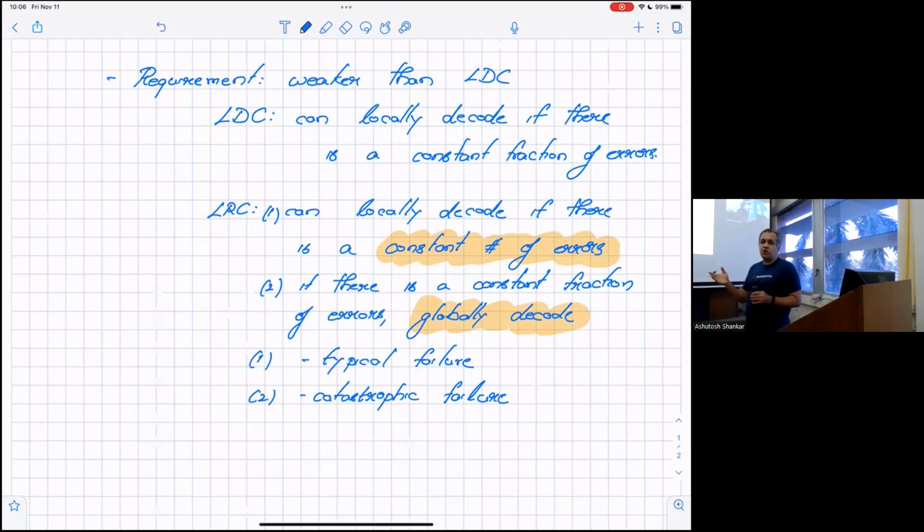If a constant fraction fails, then you spend time and do a global decode. For today's case study, we'll make it even simpler. We'll make that constant number 1. Suppose one server fails, I want to be able to recover. Two is guaranteed if the underlying code that you use has good distance and a good decoding algorithm.